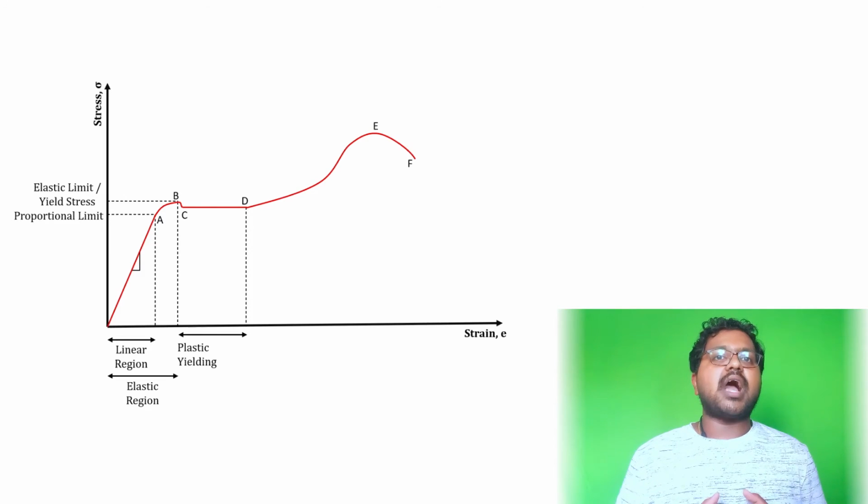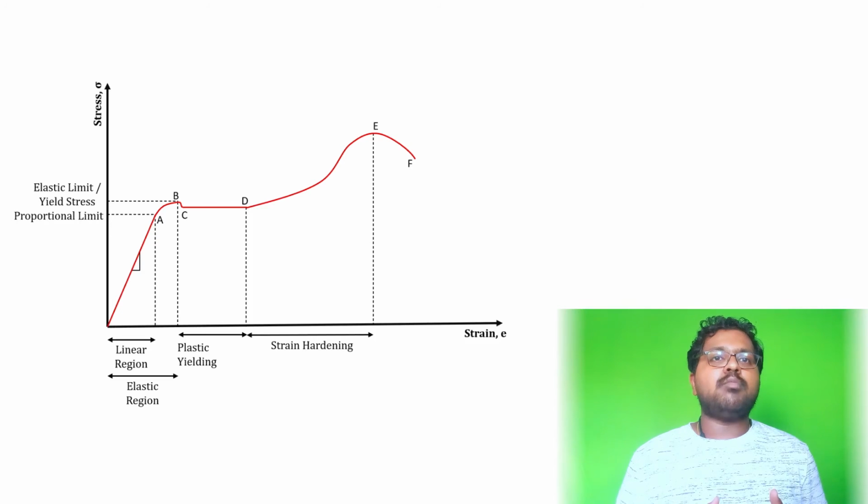Due to this strain hardening, the material appears to regain some of its strength and offers more resistance. This is because the material undergoes changes in its atomic and crystalline structure in the strain hardening region. With the further increase in the load, the point E of maximum load or ultimate stress is reached.